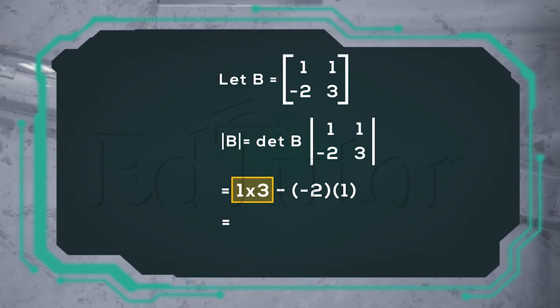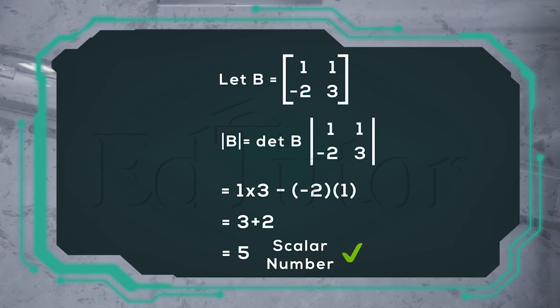This gives 1 times 3 minus negative 2 times 1. Solving it leaves 5. And this 5 is not a matrix, of course. It's just a scalar number, exactly as we had discussed. With that said, 5 is the determinant of matrix B.